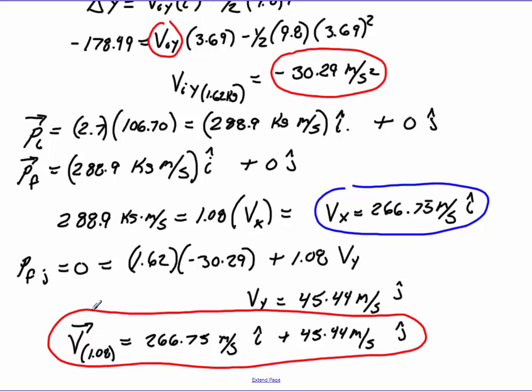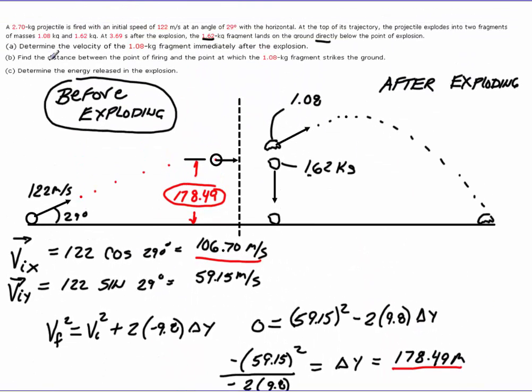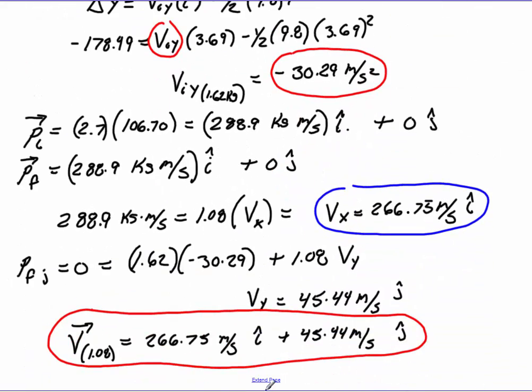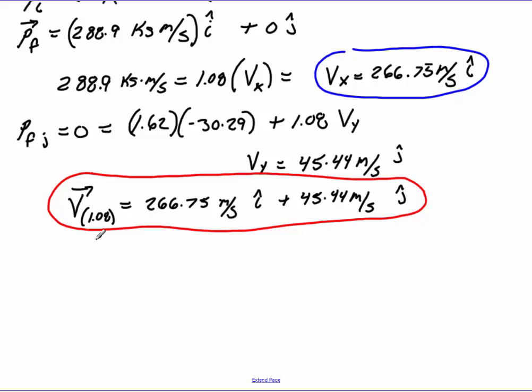Alright. Now while I'm here, I'm going to go ahead and figure out part C before I do part E, because we have the velocity. It says determine the energy released in the explosion. Alright, so first I'll find out what the actual velocity of the 1.08 is going to be, since these are the components. Use the Pythagorean theorem.